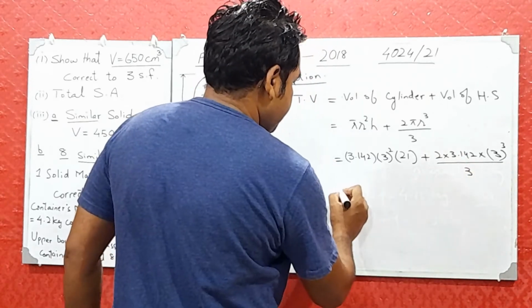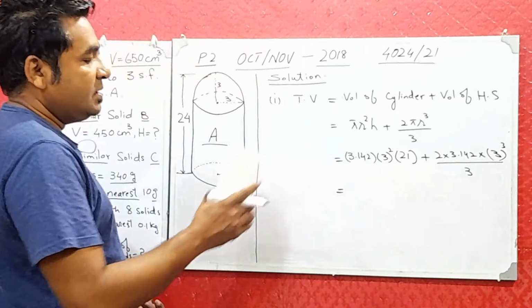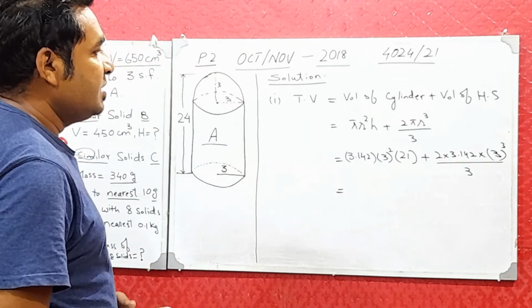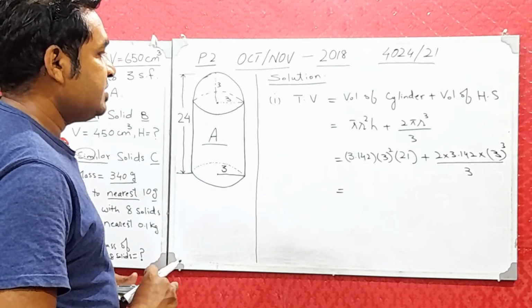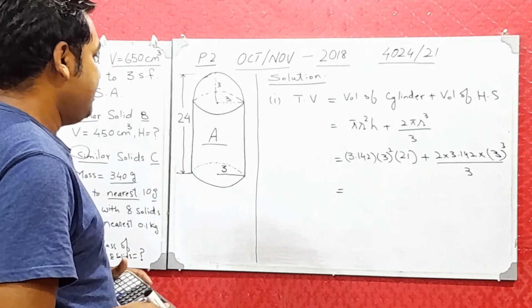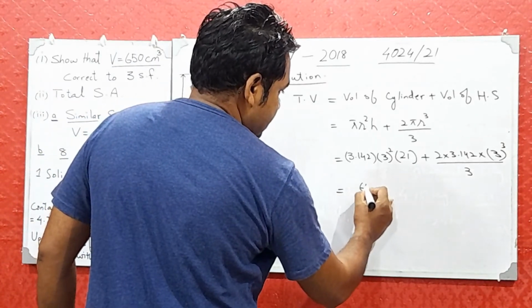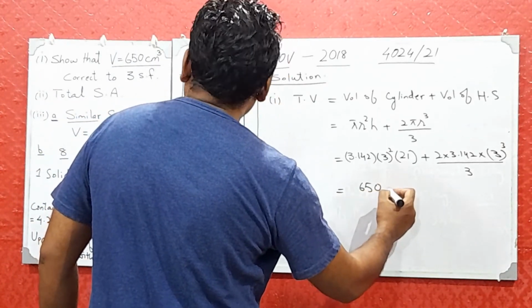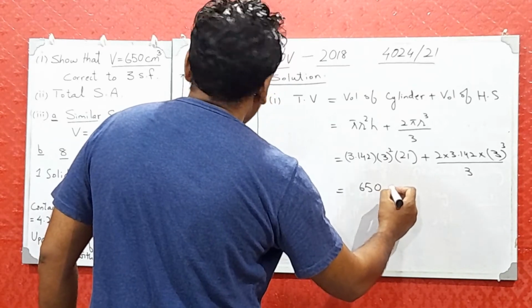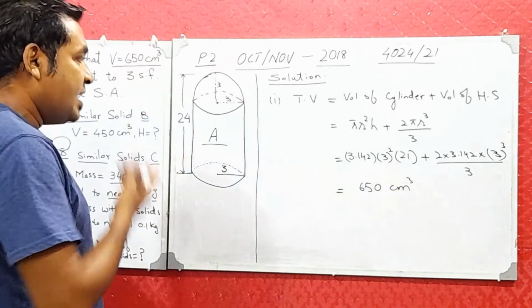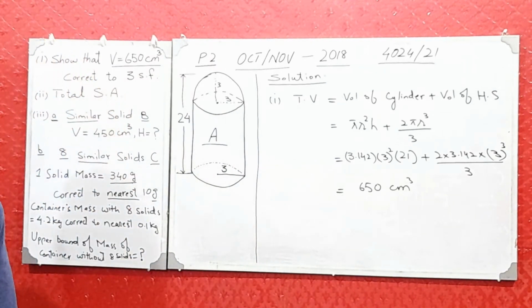When you simplify this and calculate all the values, you will definitely get the answer equal to 650. I have actually done it, so I am sure that it will give you the answer 650 cubic centimeter.